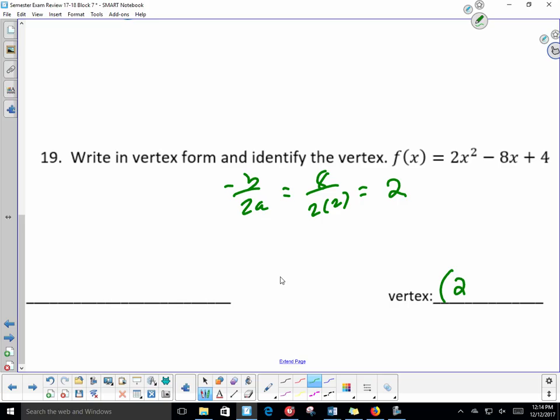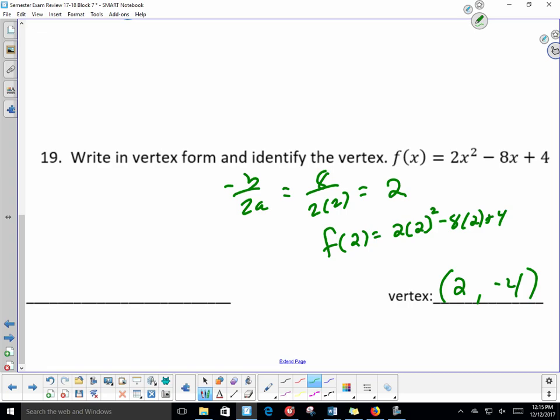How do I find my y coordinate? Plug 2 in where there's an x. I'm going to find 2 times 2 squared, minus 8 times 2, plus 4, and you get negative 4.